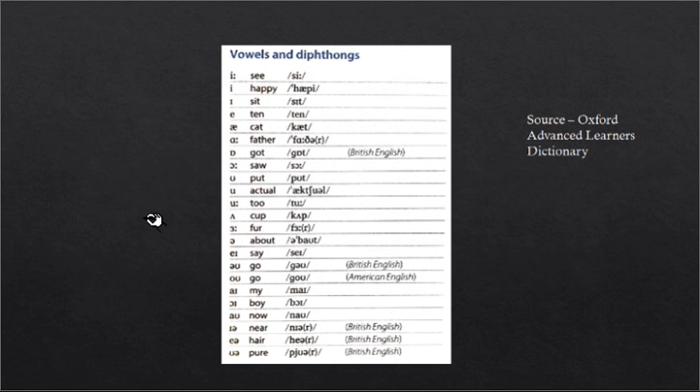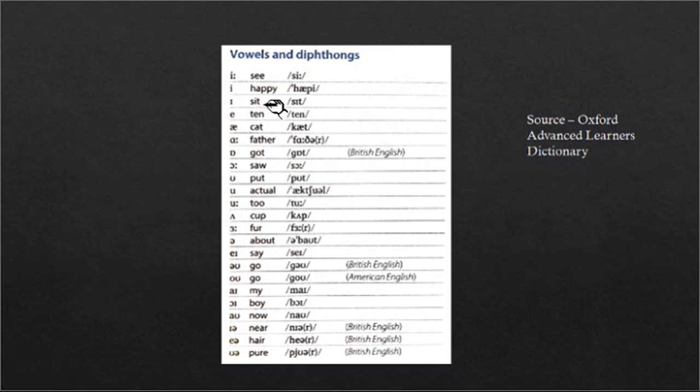Whenever you look in a dictionary, you will find at the last page of the dictionary these vowel and diphthong symbols, and you will find how this sound is pronounced. This E symbol, as in happy, takes short time, and this takes long time.